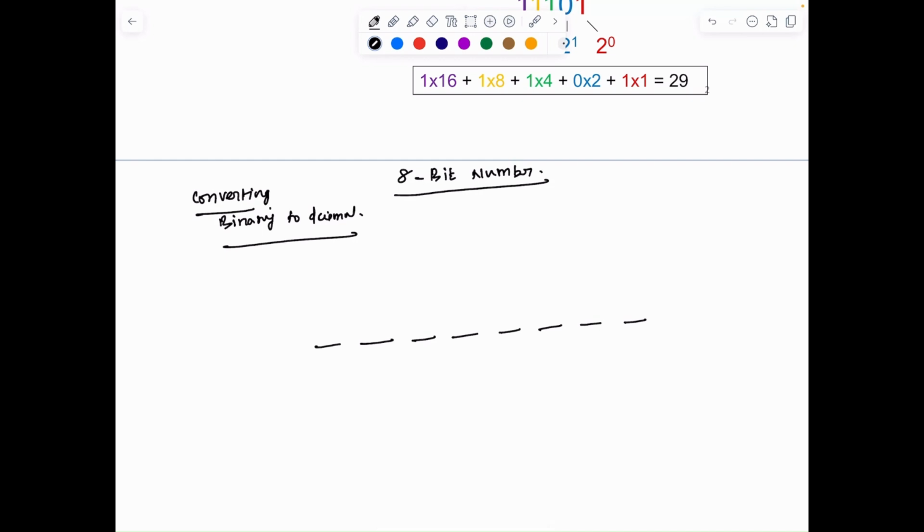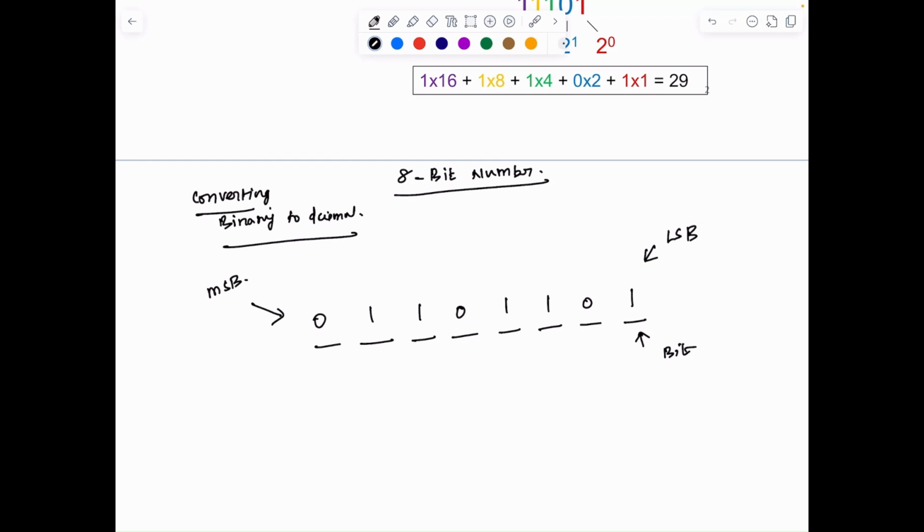In this case, this is what we call the LSB. Each location is a bit: 0 1 1 0 1 1 and then 0. This bit we call the most significant bit.